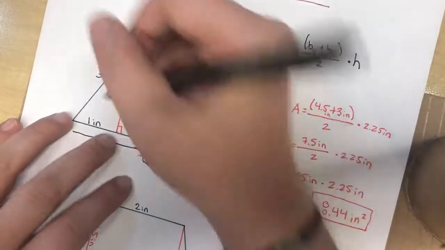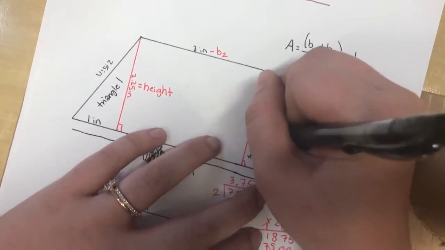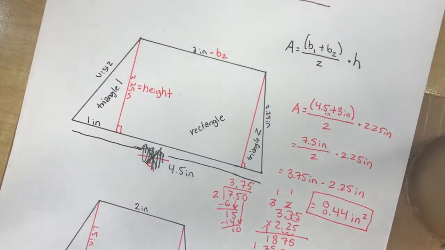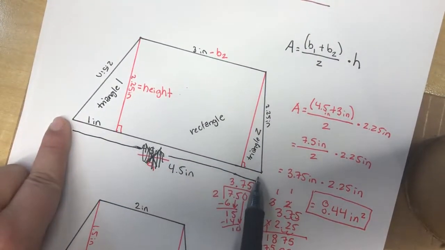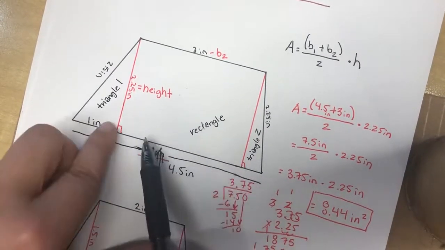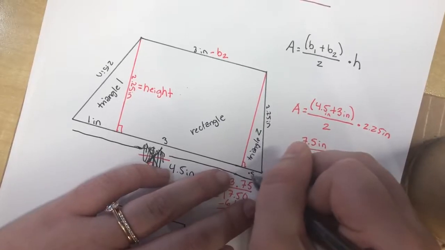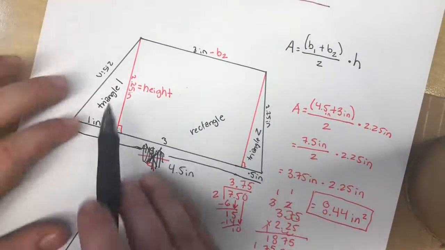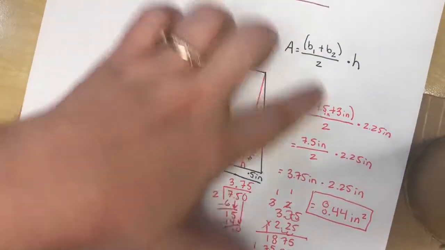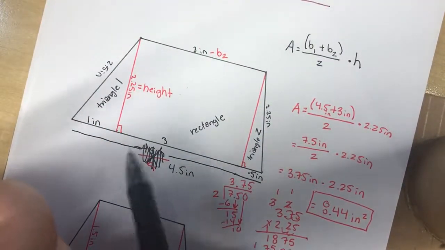Okay, so this is a triangle, and this is a triangle, and this is a rectangle. So if you know the whole base and this one, then you can figure out what this one is. So we know that this piece is 3, and this piece is 1, so this piece must be 0.5 inches. And then you can go ahead and take the area of this triangle, and area of this rectangle and add it all together. We're not going to do that because we did it already, but this is just another way that you can piece together the area of a trapezoid.